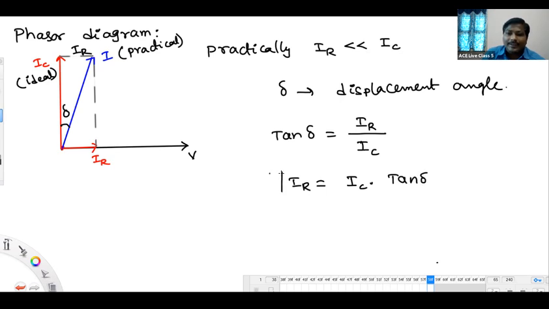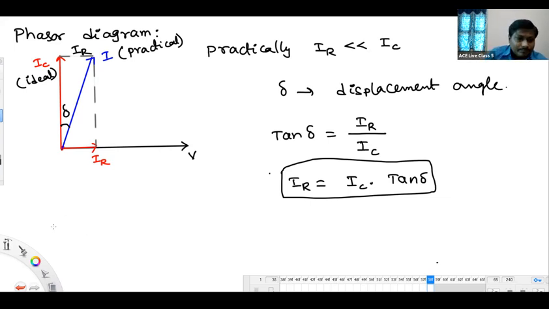You keep it aside; we will use this in the dielectric power loss calculation. Let's continue with tan delta a little bit, which is called the loss tangent.